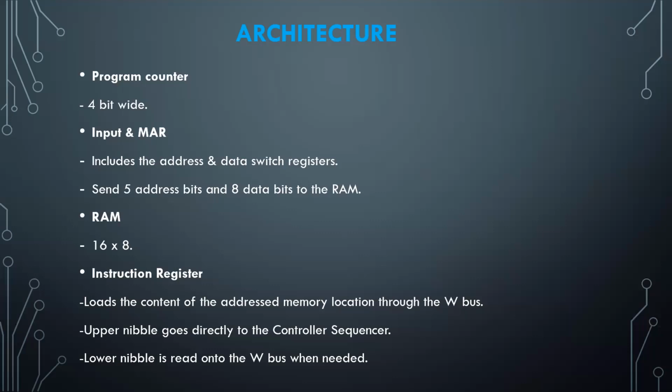The MAR stores the 4-bit address of a data or instruction which are placed in memory. When the SAP 1 is running, the 4-bit address is gotten from the program counter through the W bus and then stored. This stored address is sent to the RAM where data or instructions are read from.